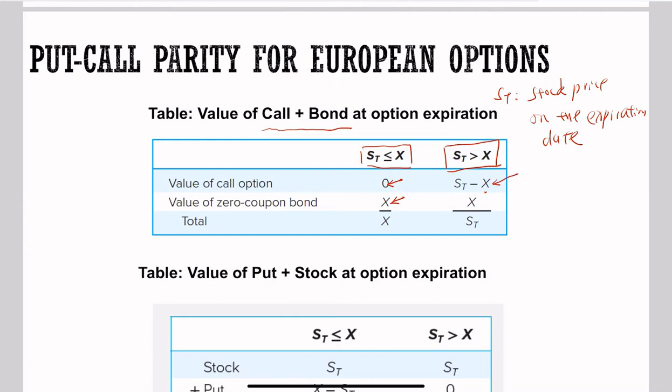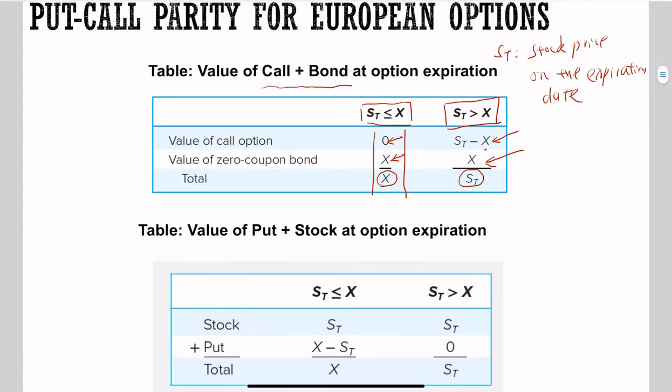And then the value of the bond is still X. Now, what is the total value of your call plus bond portfolio? You can see that this column gives you the total value under the assumption the market price is smaller than the exercise price. So it's X. And for the other case, it's ST.